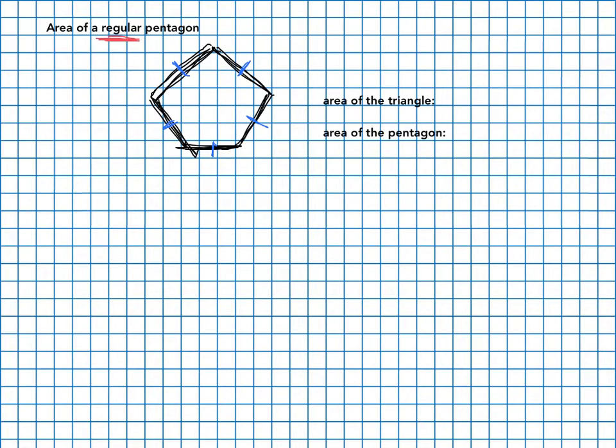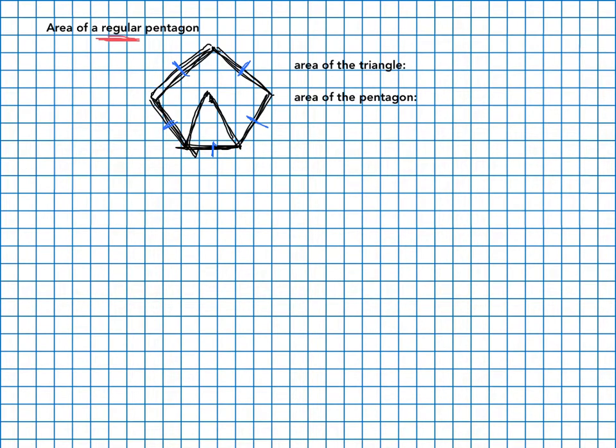Now, this is something that's only going to work with regular pentagons. First thing we're going to do is we need to make a triangle. And to make a triangle, we're just going to find the midpoint, and we're going to make 2 lines like that. Alright.